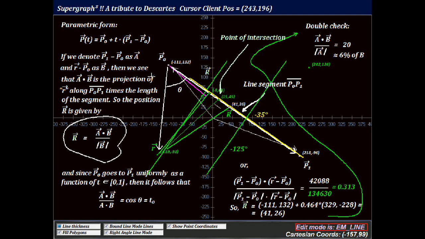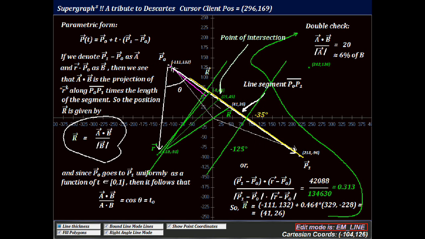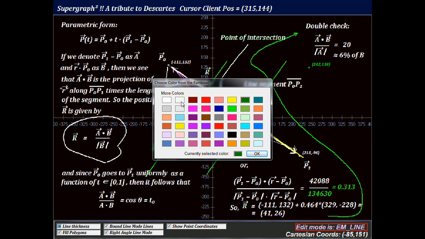Oh, it's already got a last line. Let's start again. Now I hope I've drawn a line. I see some green there. I can change colors on the fly.